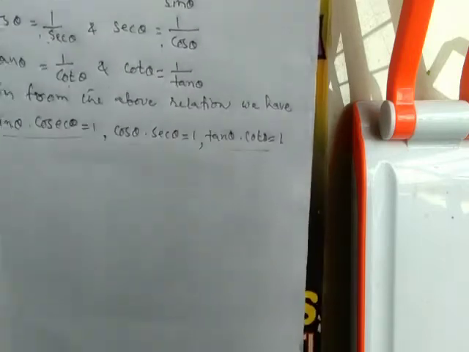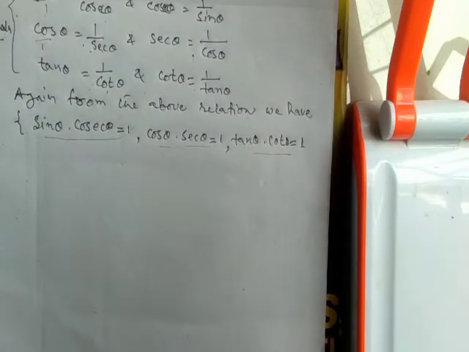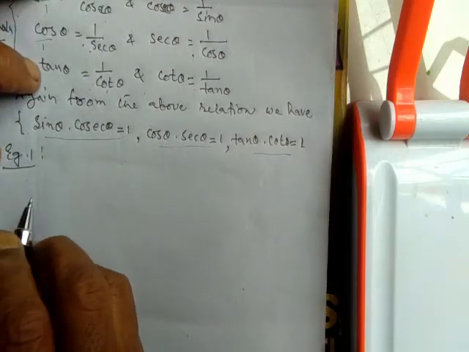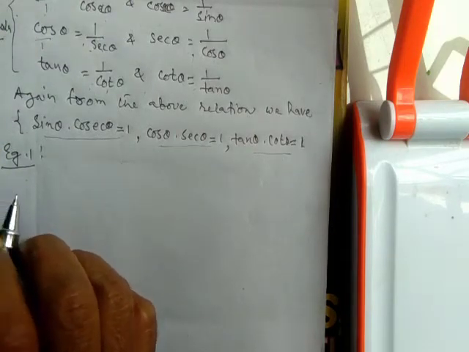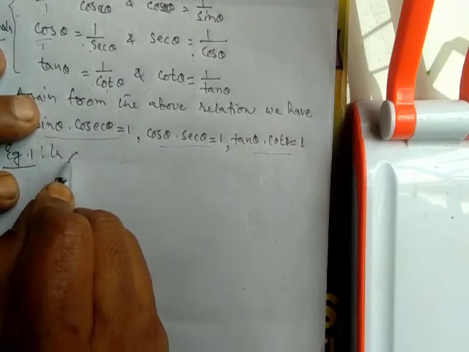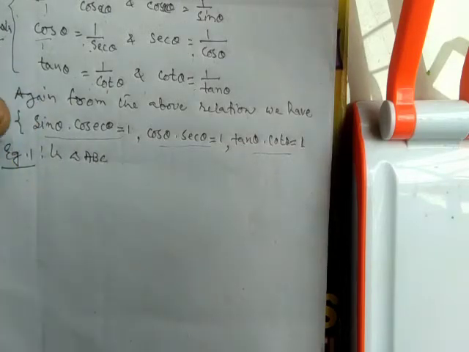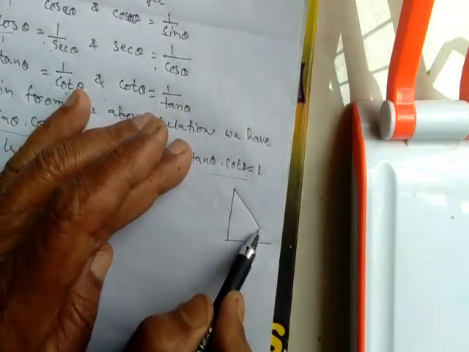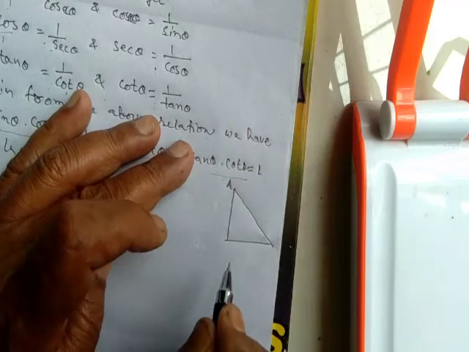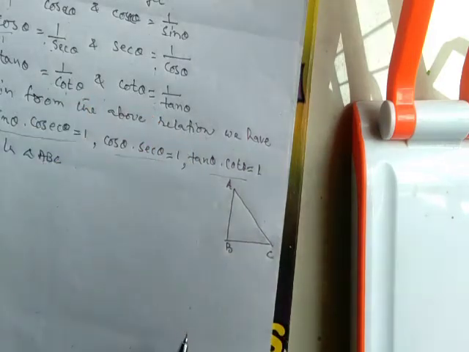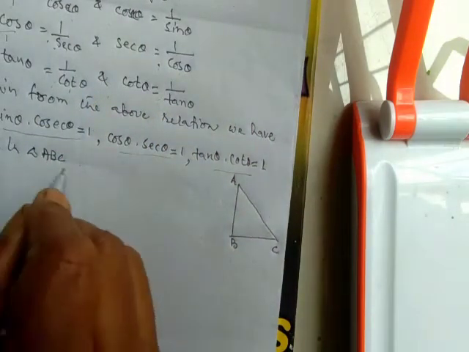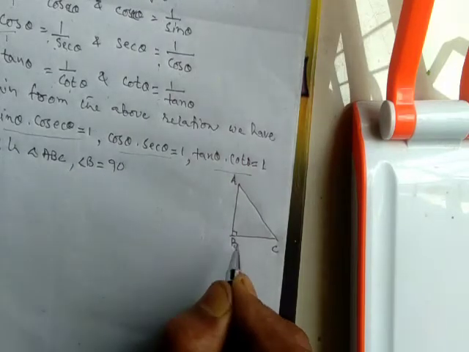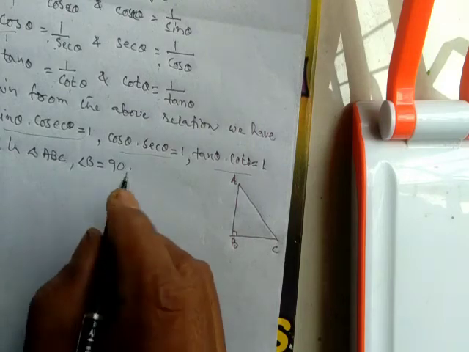Next, I want to take one example. Example 1. In triangle ABC, I'll draw that figure. This is the triangle ABC. What is the question? In triangle ABC, angle B is equal to 90 degrees.